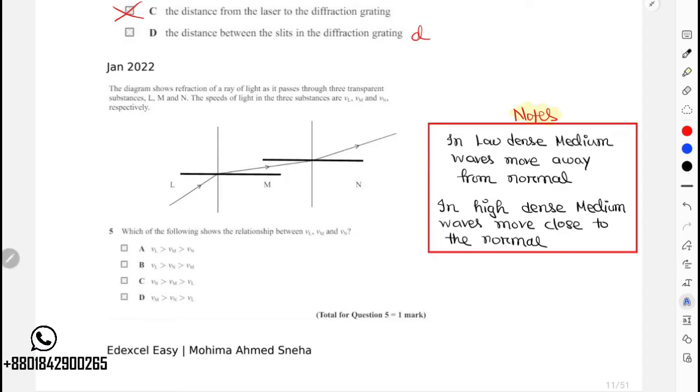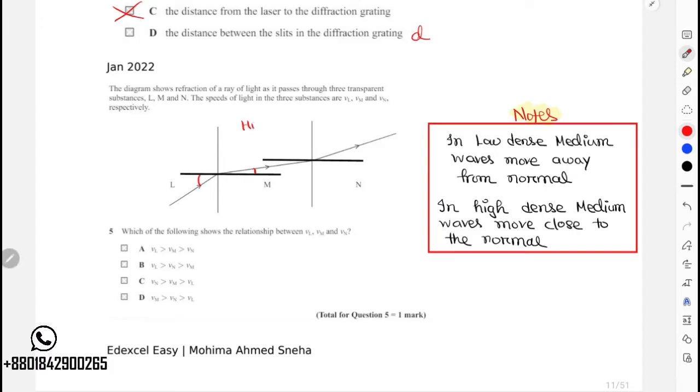Now in this case, if you can measure the theta, or approximately identify where the theta will be greatest or smallest, we can understand that at the M medium, the middle medium, the angle was very small, right? If the angle was very small, that means obviously this is a high dense medium.